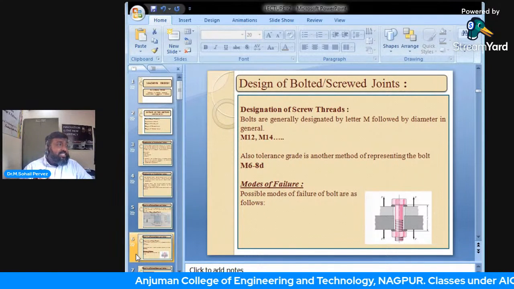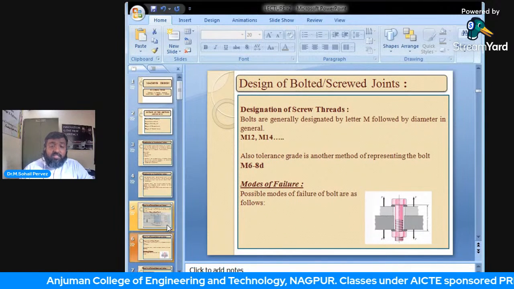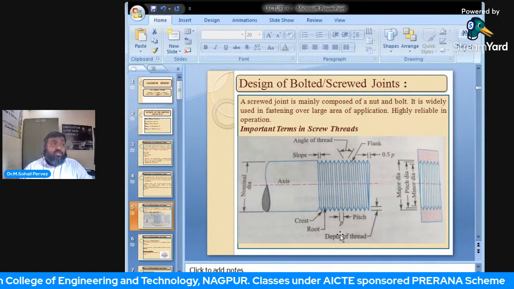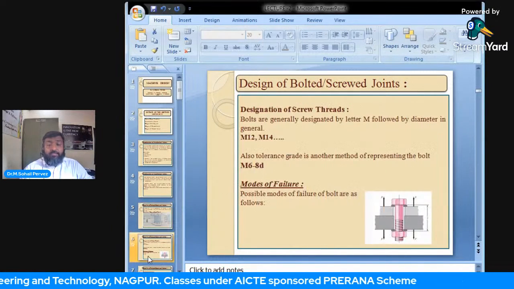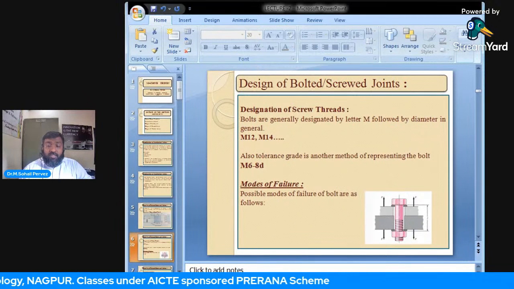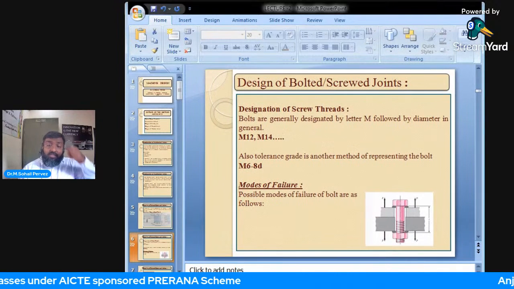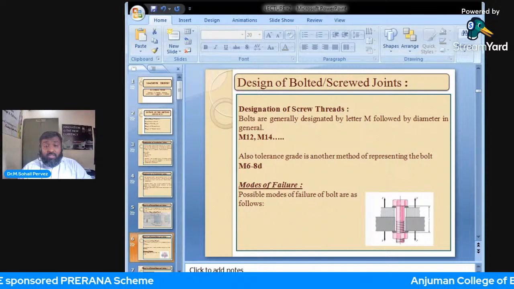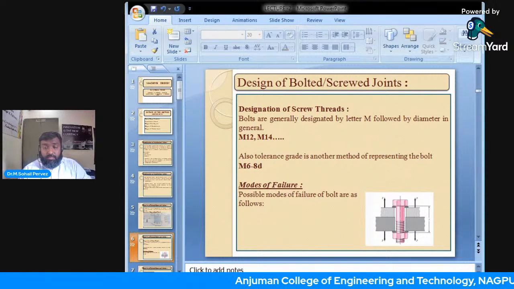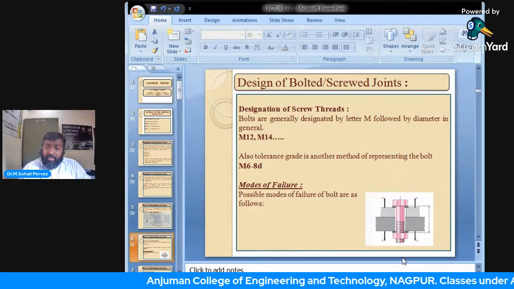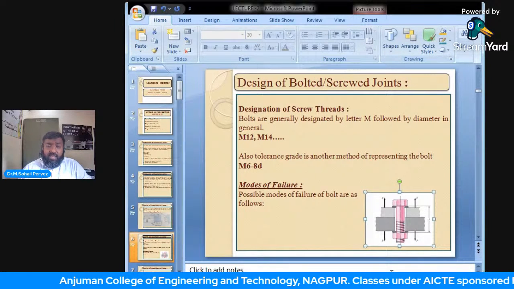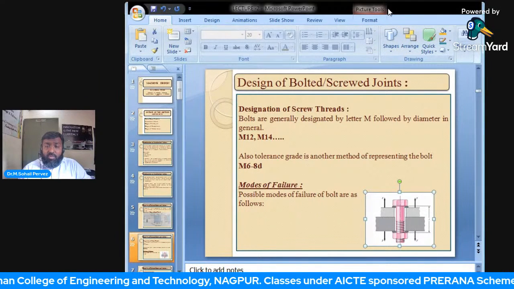Now we must discuss how this bolted joint or screwed joint will fail. This is the next target before us, that is how to determine the possible modes of failure of a bolt. Now look at this diagram wherein we can say that the bolt will fail.